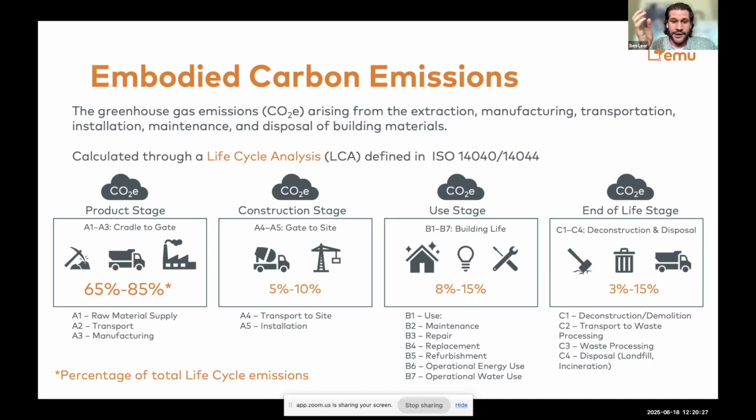Essentially, we're looking at the entire lifespan of a given product. That starts from the product stage, the cradle to gate. This is where the material is extracted, then transported to a manufacturing facility, and fabricated into an actual product.